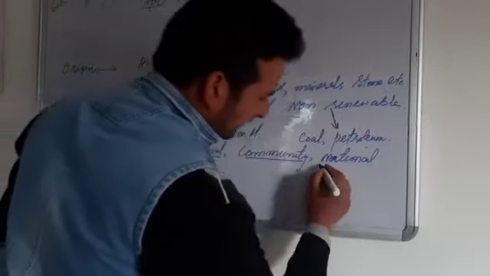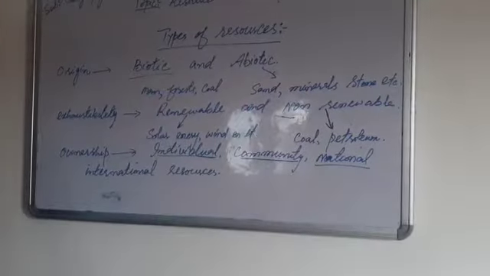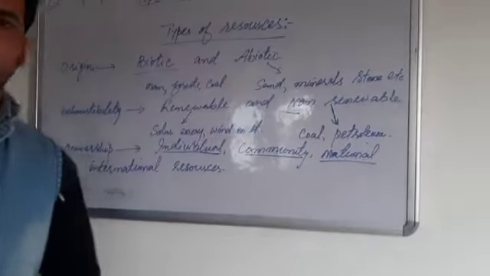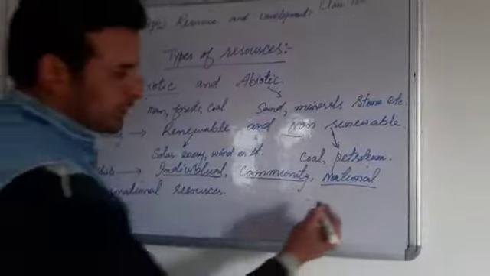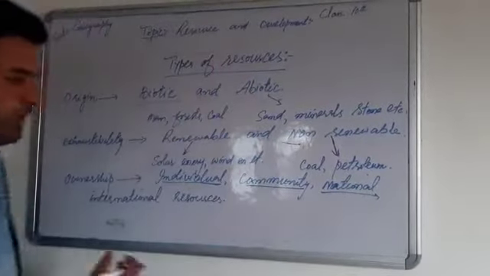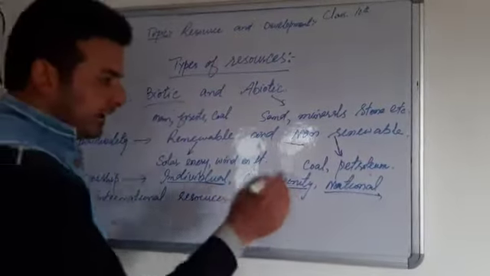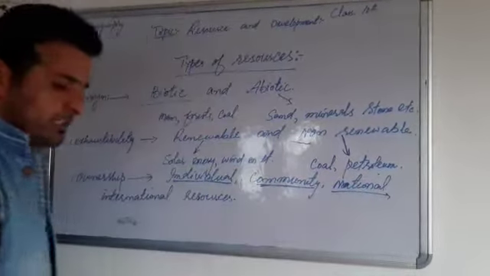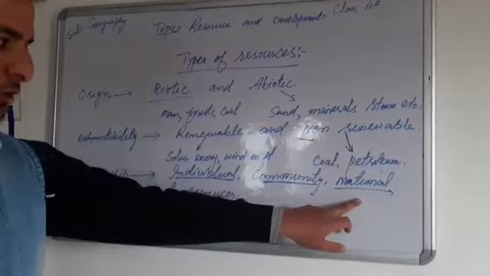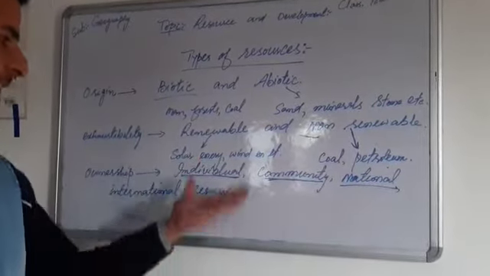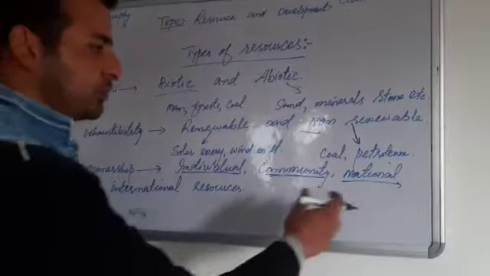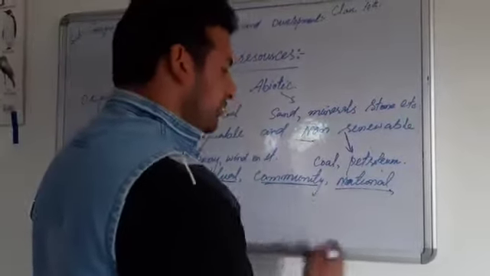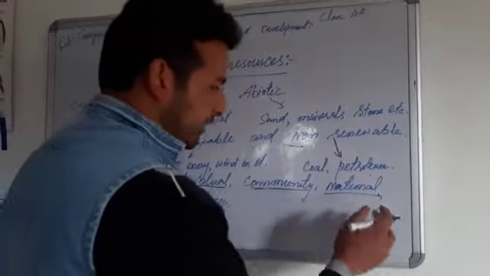Next is national resource. What is a national resource? Anything which comes under the political boundary of any country is called a national resource. Now we have to see one more thing. Individual resources and community resources also come under national resources, because everything present in a nation belongs to the government. So individual resources and community resources together are national resources.